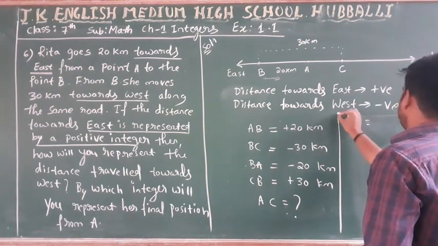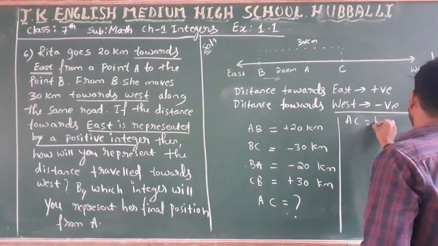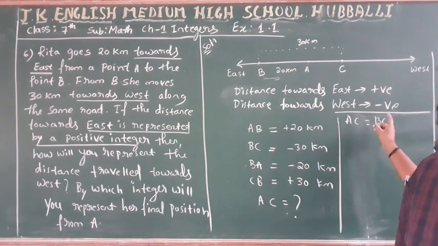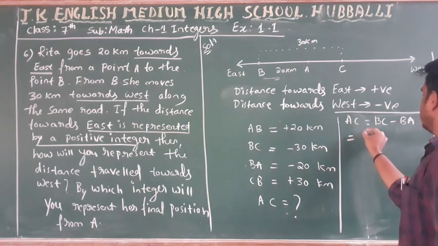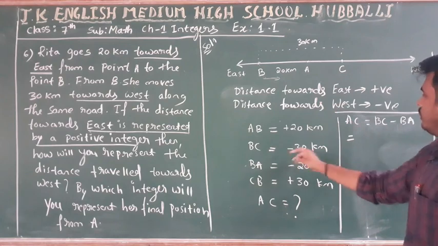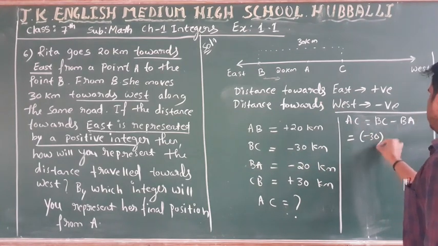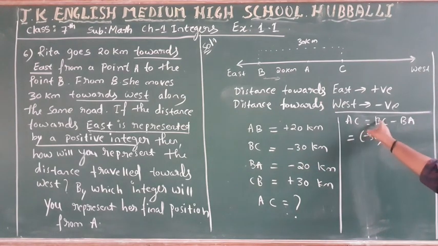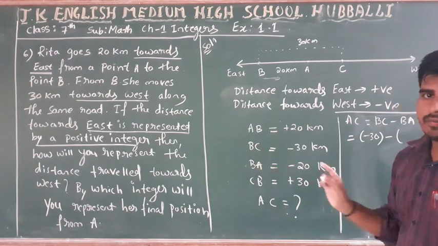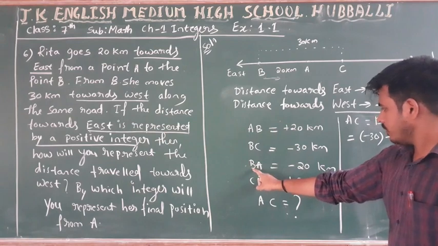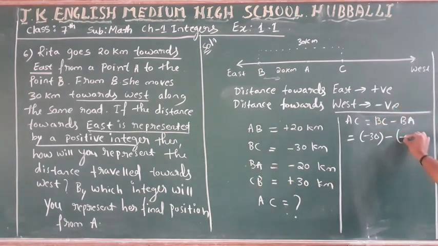AC is equal to BC minus BA. Now, BC is minus 30. This minus is because of the equation. Then now BA. What is BA? AB is plus 20, but we don't want AB. We want BA. BA means minus 20.